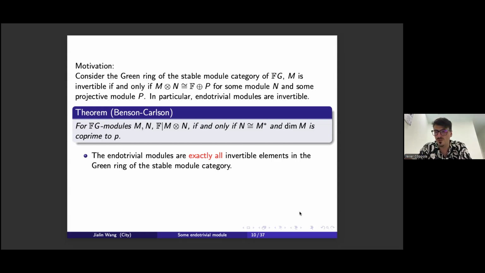Yeah, but when you do restriction, they may not remain indecomposable, right? So you may have a map, but it may not be an isomorphism anymore. No, not an isomorphism, of course.